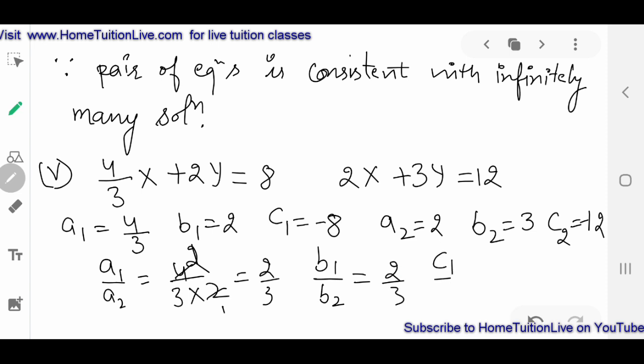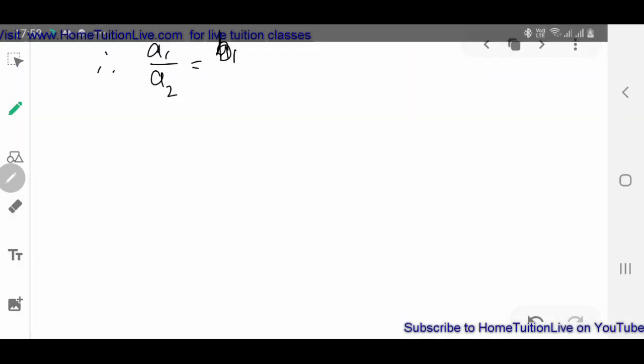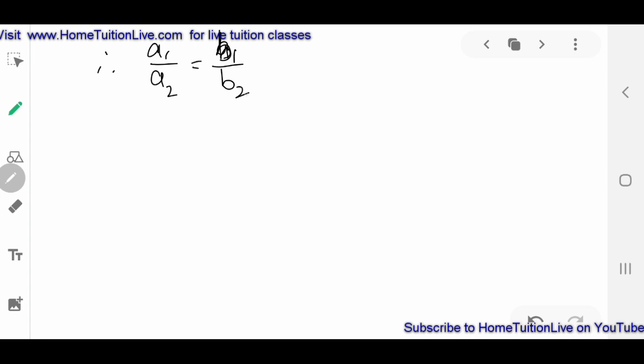C1 by C2 is minus 8 upon minus 12, that is 8/12, which is 2/3. So here you can see that A1 by A2 equals B1 by B2 equals C1 by C2.